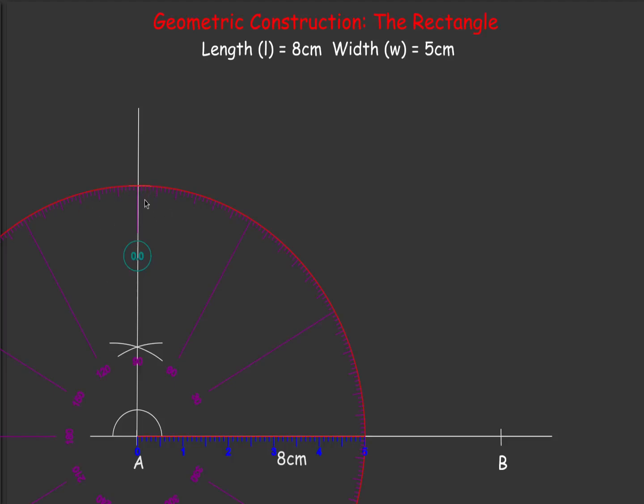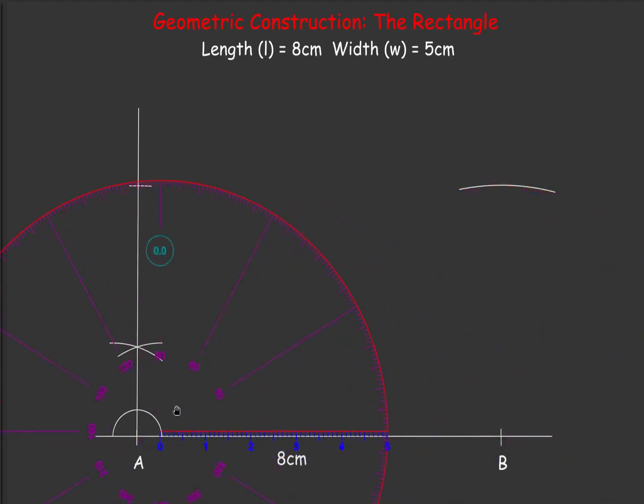So with this arc, with the same opening of 5 centimeters, you stand also at B, and then you draw an arc above here nicely. You see?